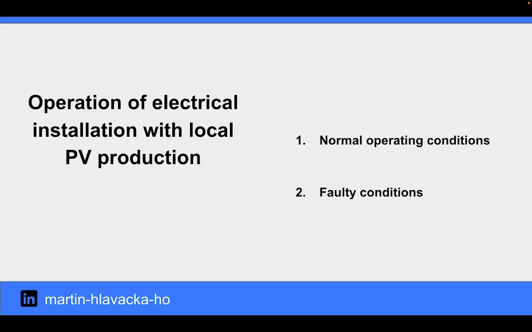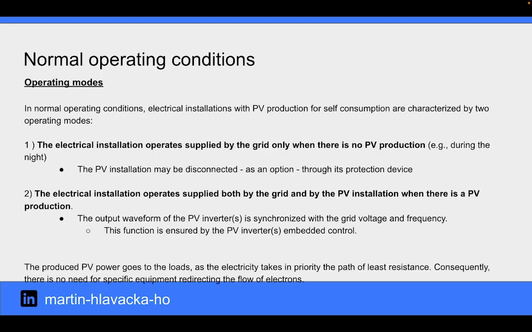Operation of electrical installation with local PV production. In normal operating conditions, electrical installations with PV production for self-consumption are characterized by two operating modes.